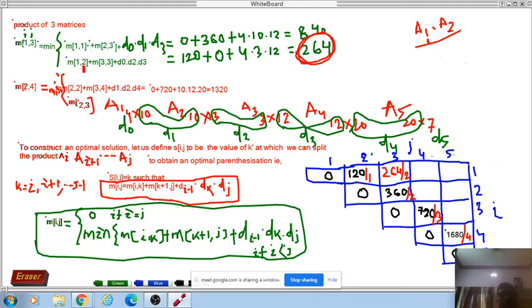I do not want to erase this one. M of 2 3. Then it will be M of how much? 3 plus 1 is 4. So M of 4 4. My j is 4. Understanding now? 2 to 4. So M of 2 3 plus M of 4 4.